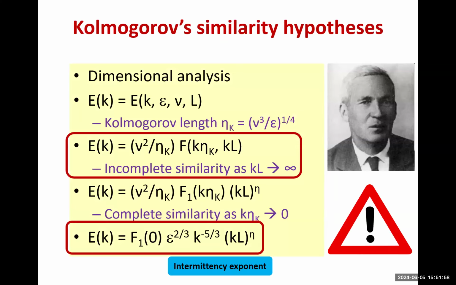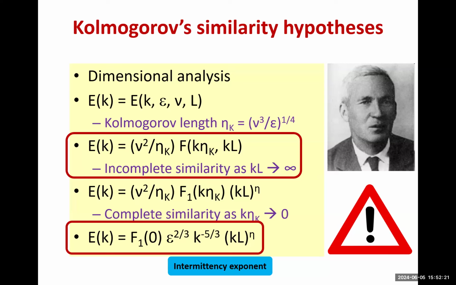Okay. There's a problem. This limit is not complete similarity. If I take KL goes to infinity, this limit doesn't exist. So how might it not exist? Those of you who went to my class last quarter on phase transitions and the renormalization group will know one way that it won't exist.